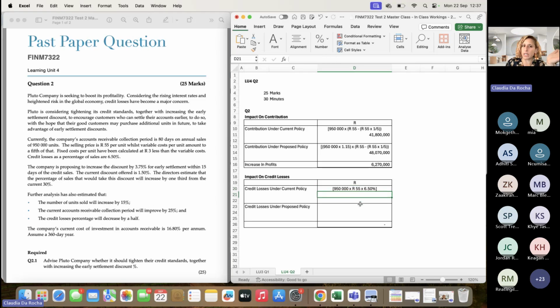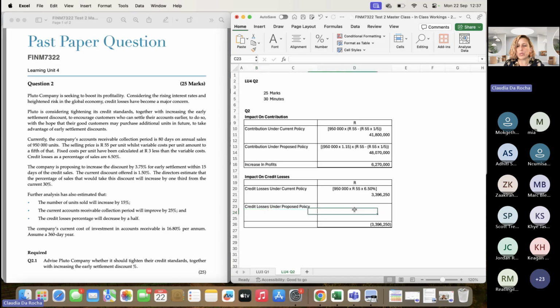But here, they didn't tell us that there are cash sales. We've assumed it's all credit because they haven't told us otherwise. Right, so then to calculate, we get 3,396,250.